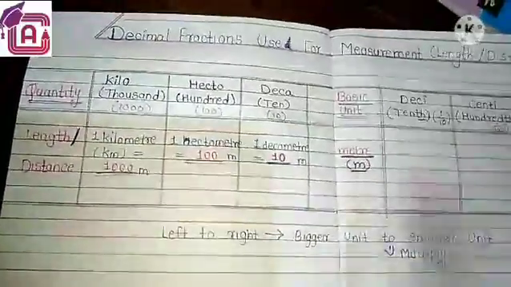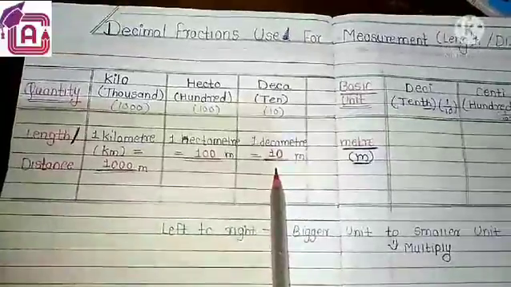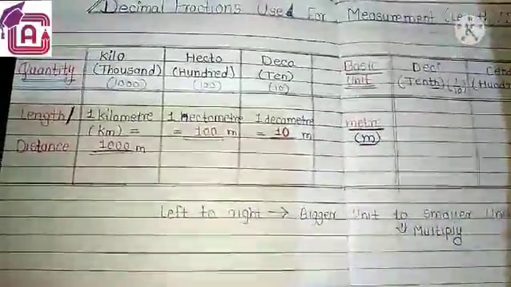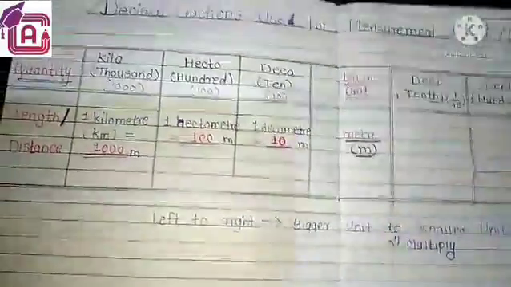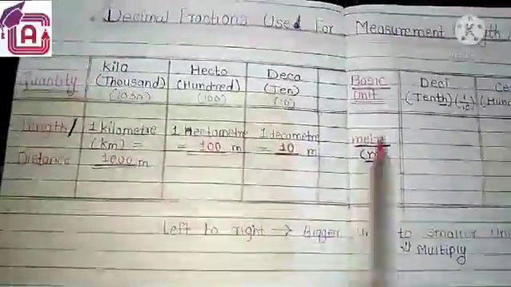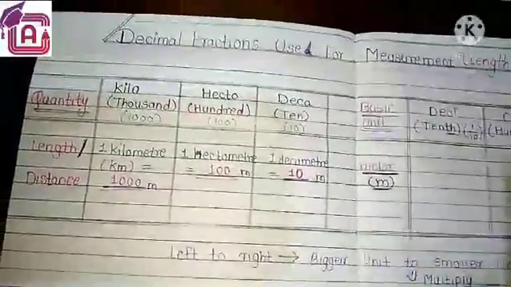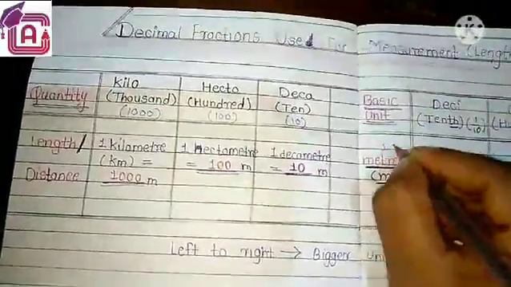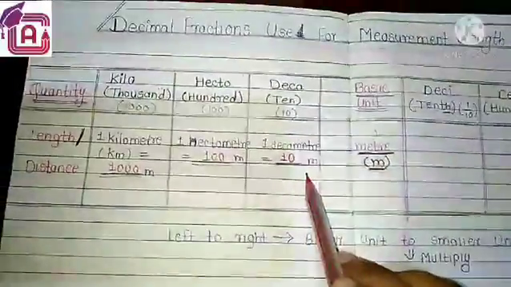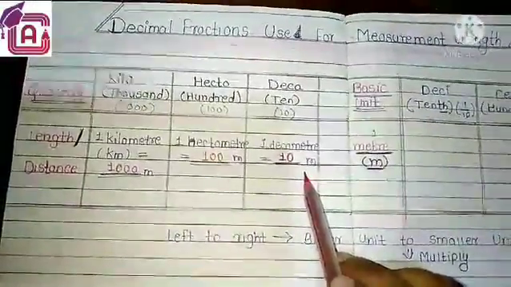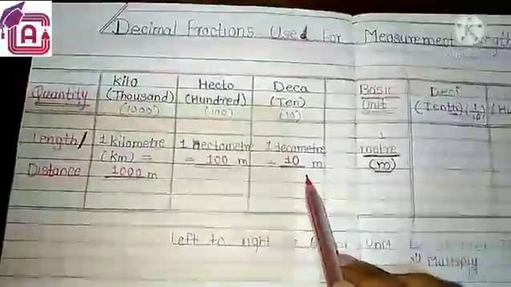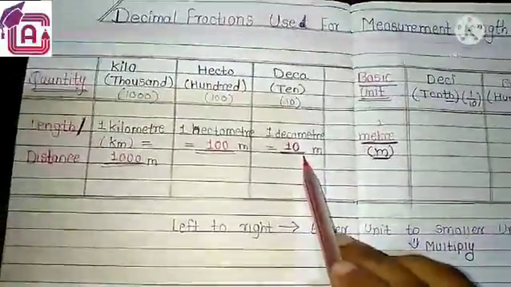Check. When you are going to a larger unit than this, it increases 10 times at every step. Greater unit than meter is deca, which is increasing 10.